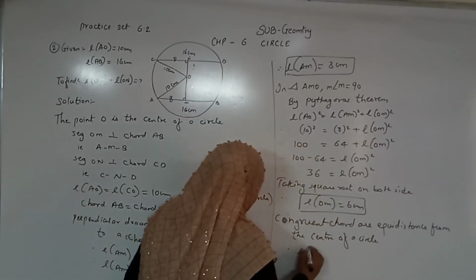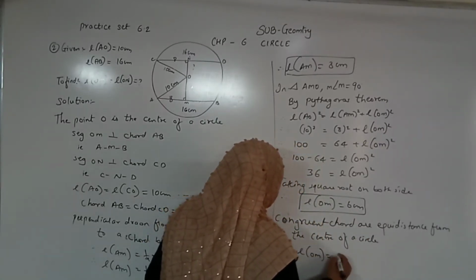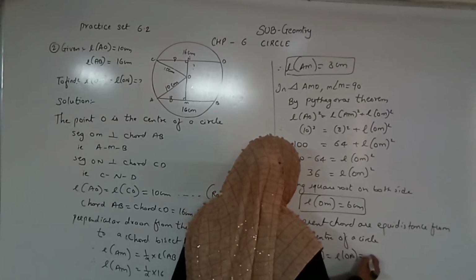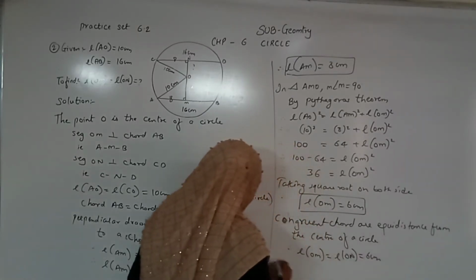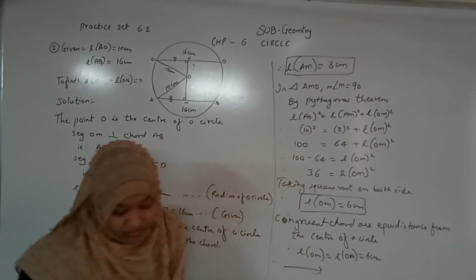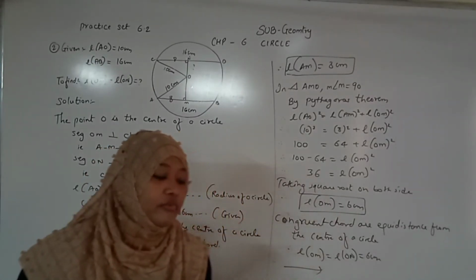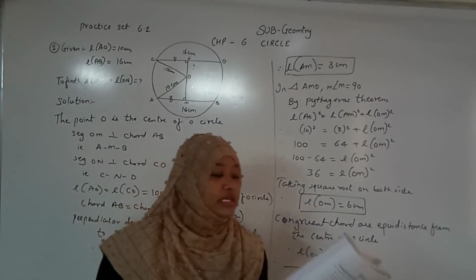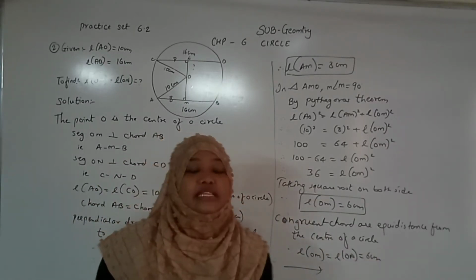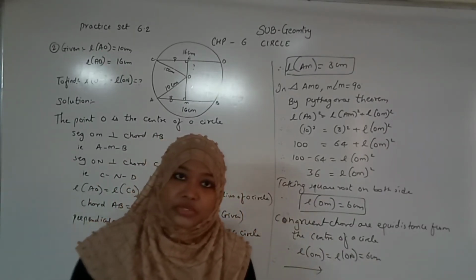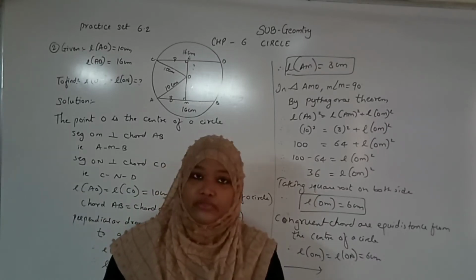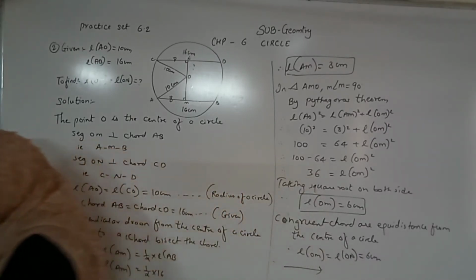Therefore length OM equals length ON equals 6 centimeters. Now write the statement: the distance of the chords from the center of the circle is 6 centimeters. Understood? Come on, I give you two seconds to do it. Then we go to the next question. Do it first.